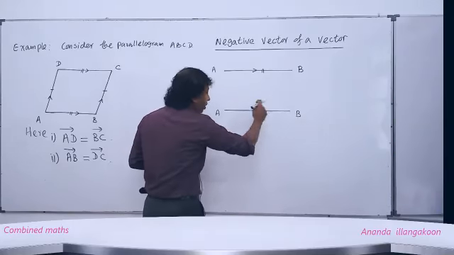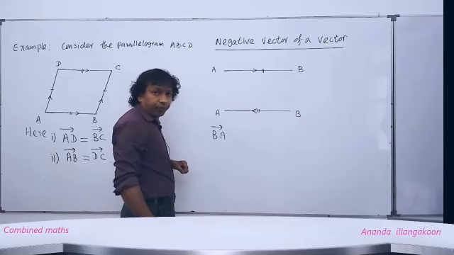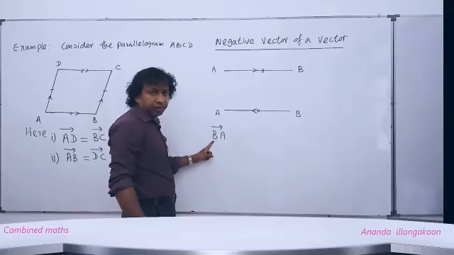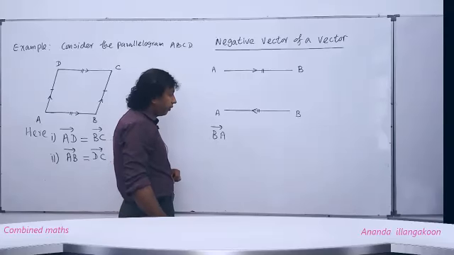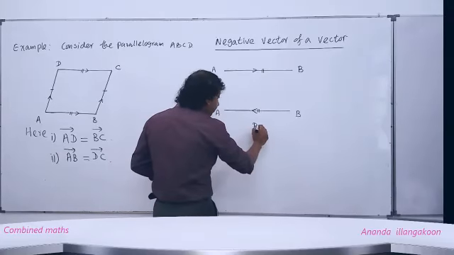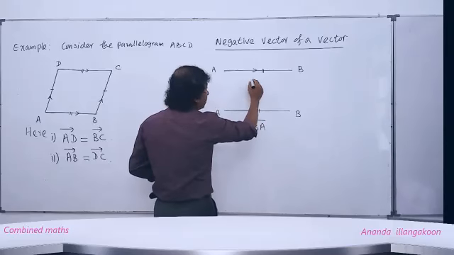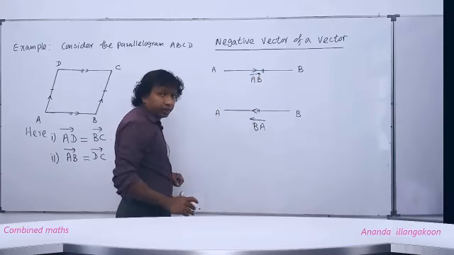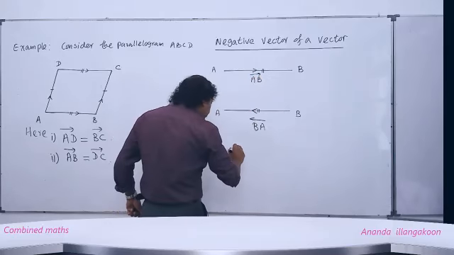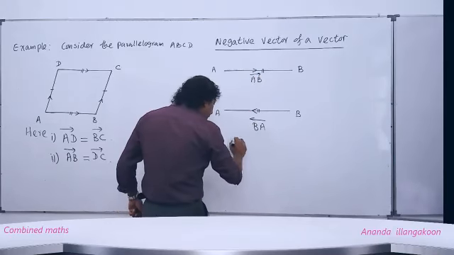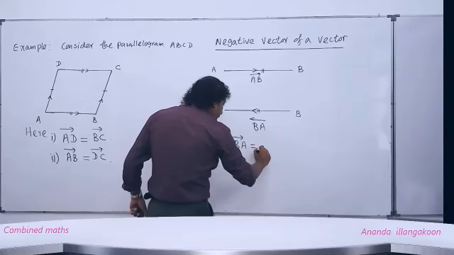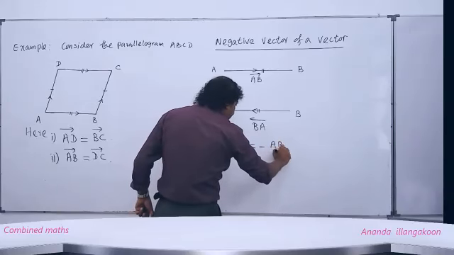Starting from an ending point, you can understand, no? Then from the starting point, we write this BA vector. This is now BA vector. This is now AB vector. The relation between AB vector and BA vector is this: BA vector is the negative vector of AB vector.